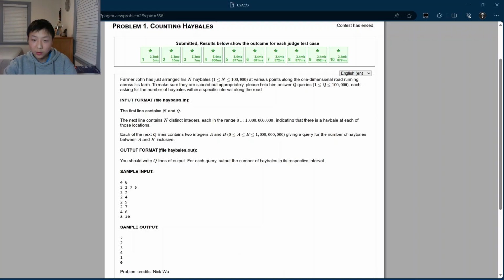However, we can see that the positions go up to 10 to the power of 9. To make an array that big is just not allowed, and we're not allowed to cycle through 10 to the 9th power.